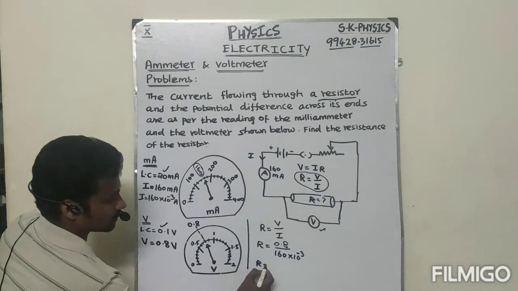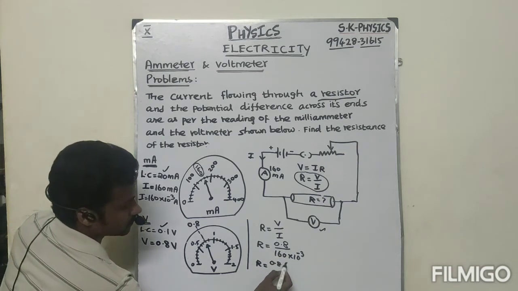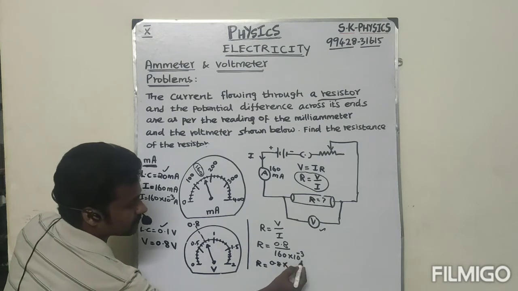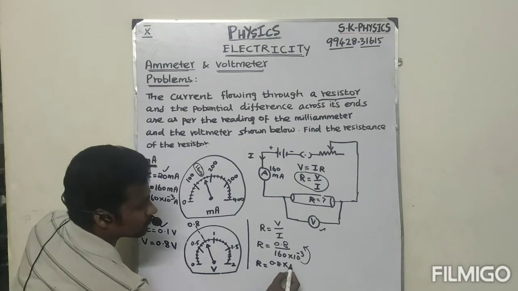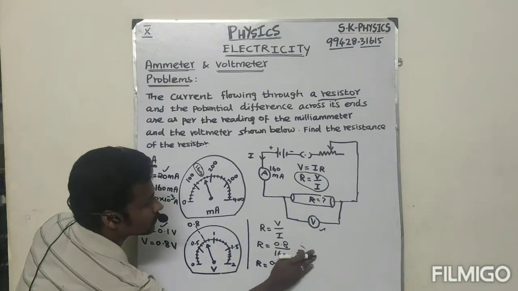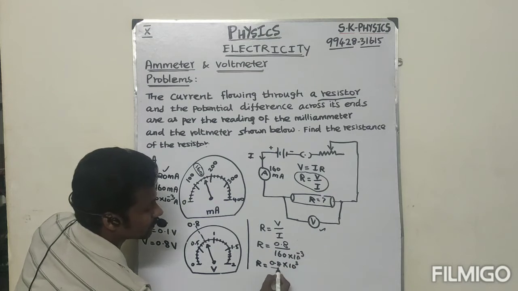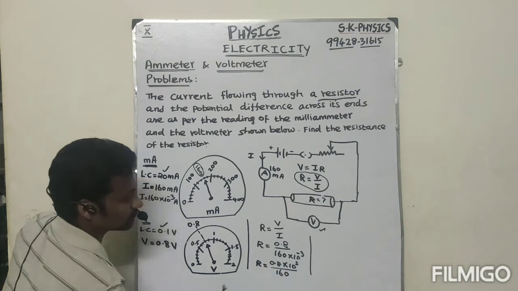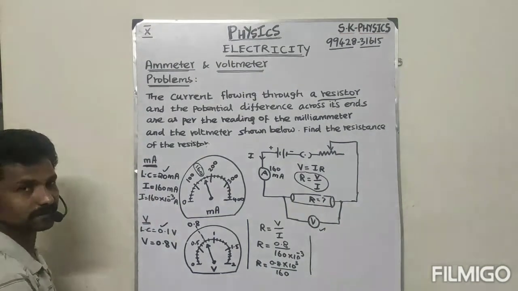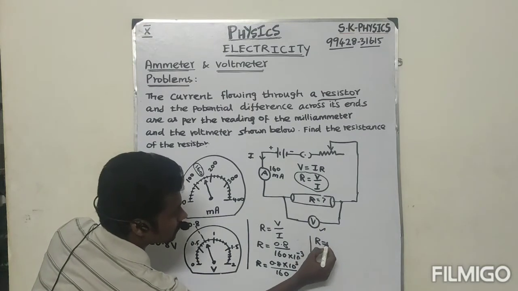Therefore R is equal to 0.8 divided by 160 into 10 power minus 3. Moving to the numerator, it becomes plus 3, so 10 power 3 divided by 160.